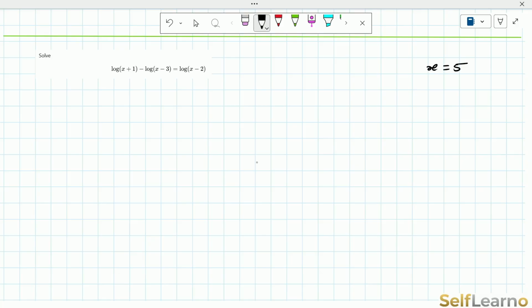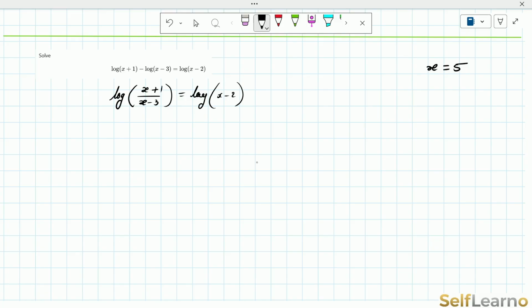Let me solve it over here. Here it is nothing but log a minus log b. So log a minus log b is nothing but log a by b: log of (x plus 1) over (x minus 3) is equal to log of (x minus 2).